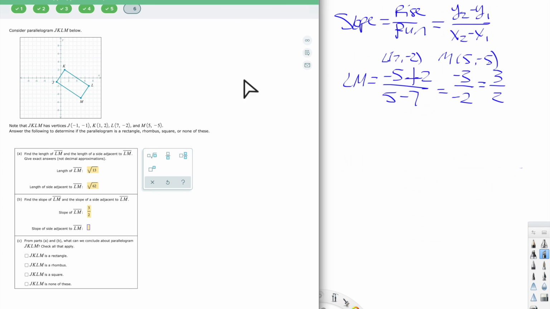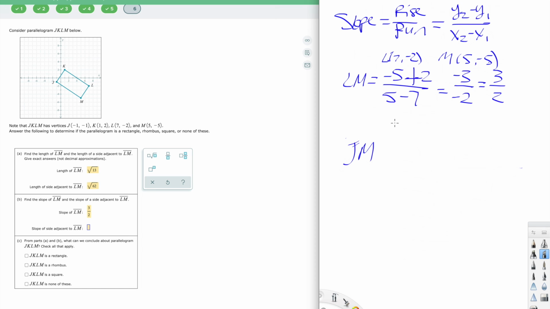All right, and then it says a side adjacent to LM. So let's go ahead and stick with JM here. Why not? So J is -1, -1. M was 5, -5. All right, so now we're going to have y minus y over x minus x. So I'm going to have plus and plus. So I end up with -4 over +6.